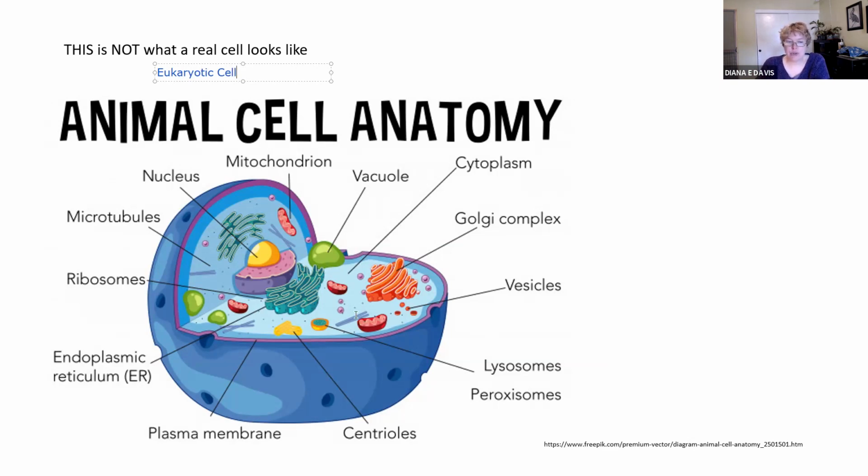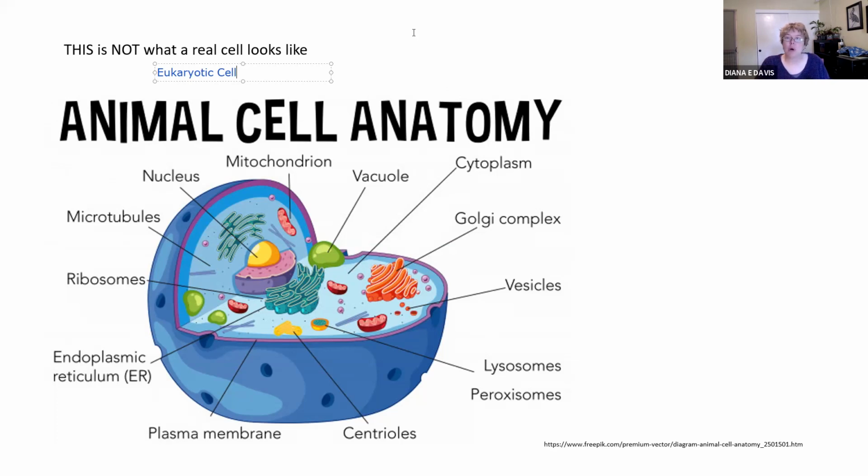It's not an accurate representation. So eukaryotic cells are defined by the presence of a nucleus. And it also has all of these other organelles: Golgi, mitochondria, lysosomes and peroxisomes, endoplasmic reticulum, all kinds of things going on in here.